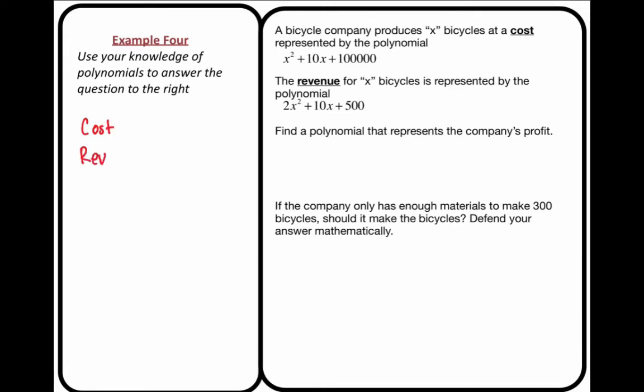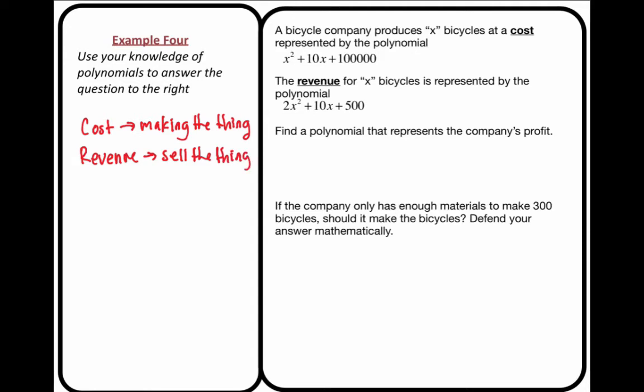The revenue is basically how much you can sell this particular object for, your service or whatever it is. So the cost, of course, is the cost of making, and let's just call it an object, making the thing. And the revenue is how much you can sell the thing for, whatever it is.